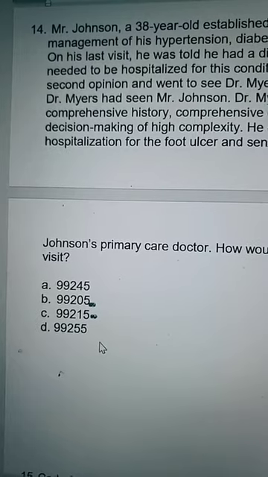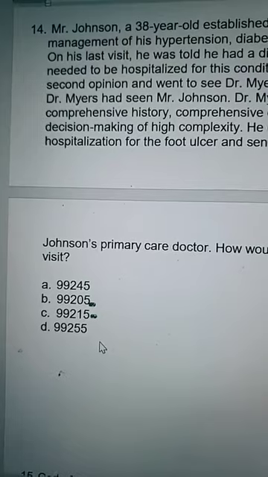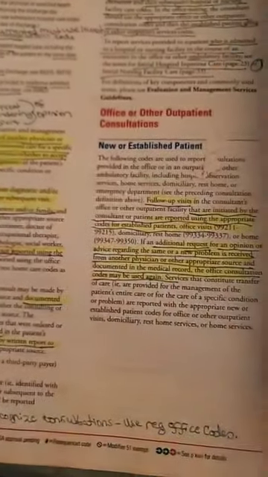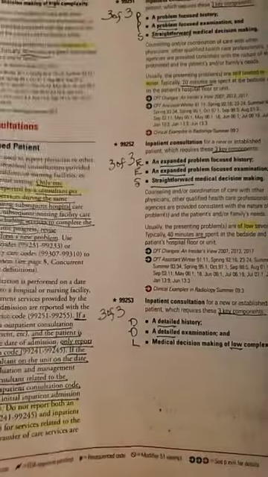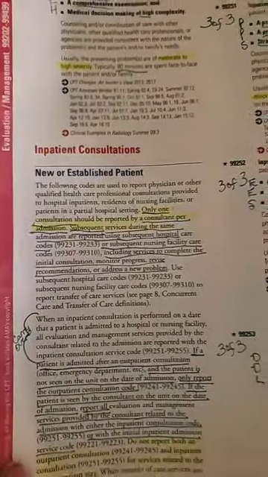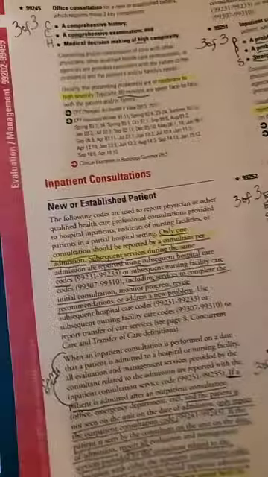99245 is under office consultations, and 55 is over at inpatient consultations. Office consultations, inpatient consultations.